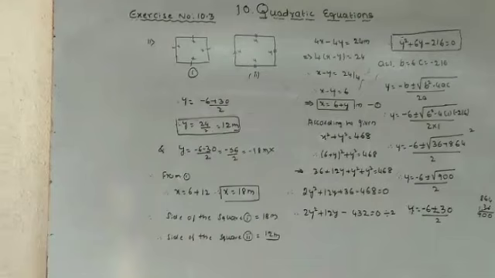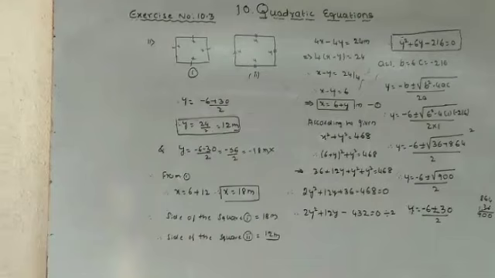So therefore x is equal to minus 11 plus or minus root of 5929 by 2. Root of this one: 70 squared is 4900, 80 squared is 6400, so between 70 and 80.